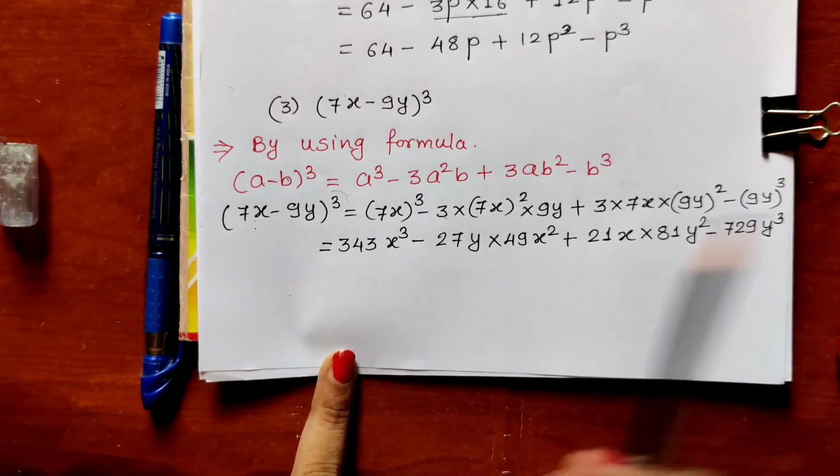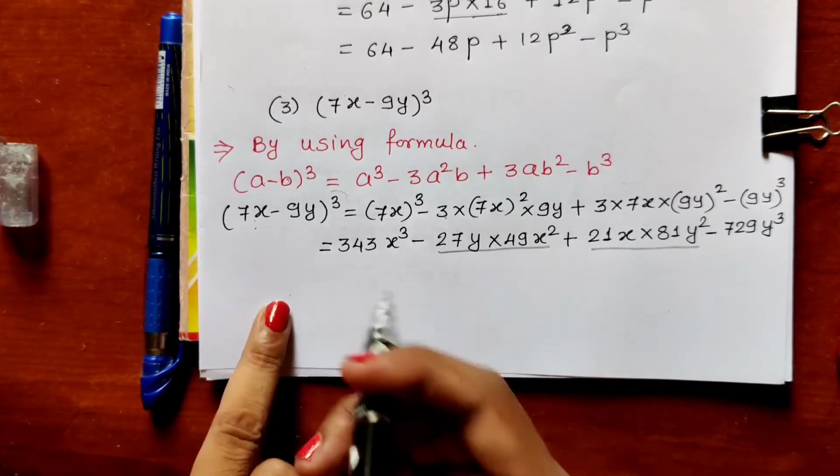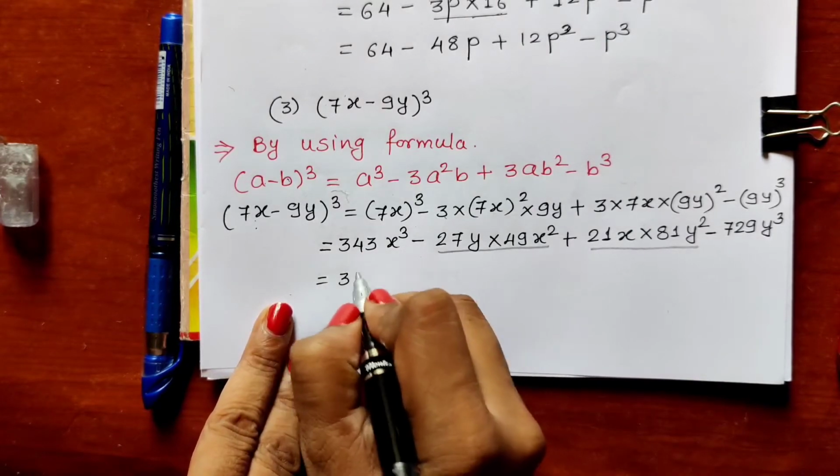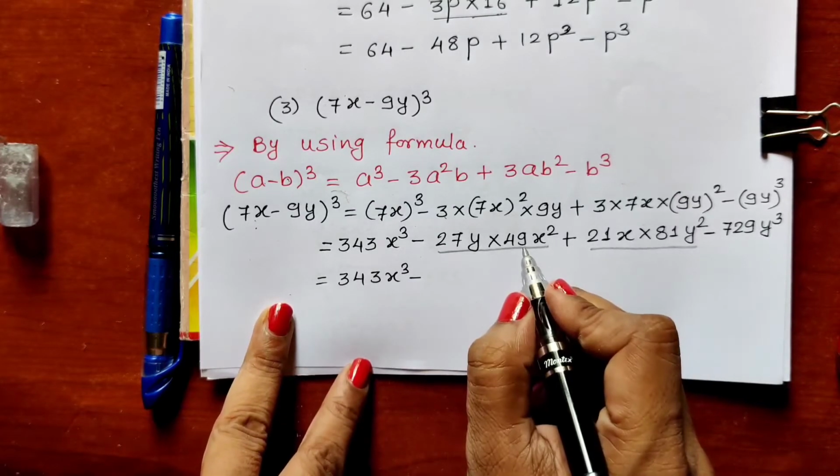The first term and last term we cannot do anything with. We have to multiply in the second and third term. First term we write as it is, 343x cube. Now we have to multiply 27 and 49.